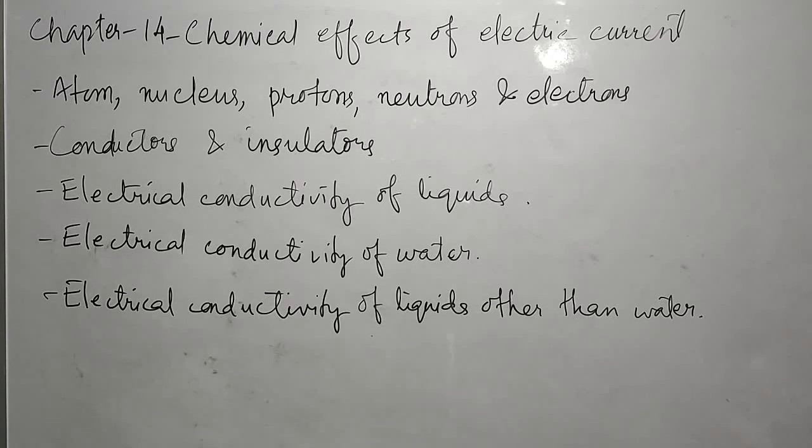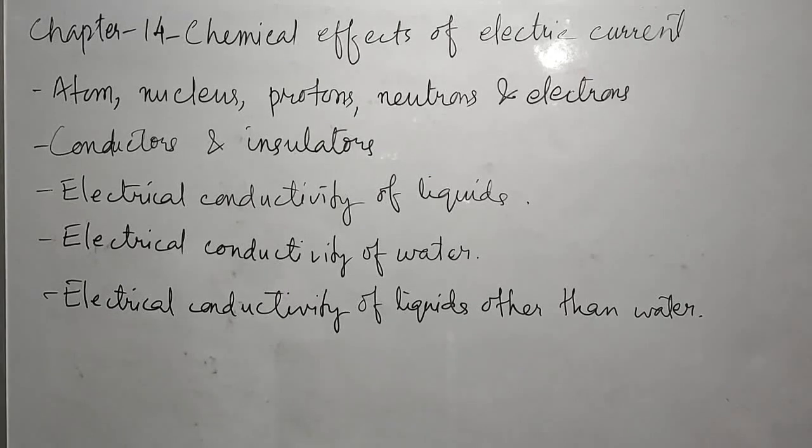Now the first one is atom. All the objects are made up of small particles known as atoms, and every atom consists of a small spherical center known as the nucleus. In the nucleus, it contains protons and neutrons. So that means protons and neutrons together make up a nucleus.